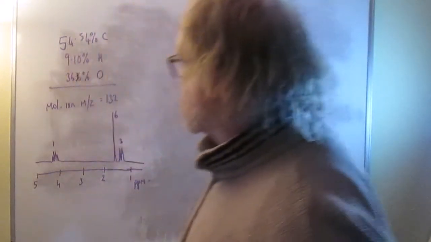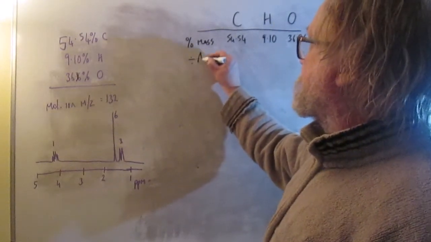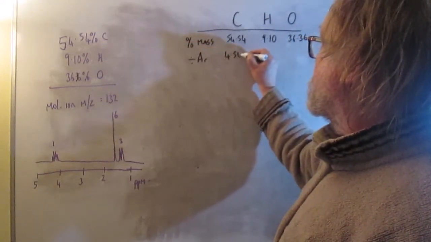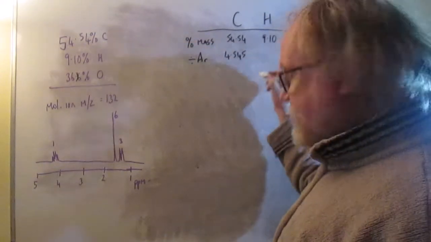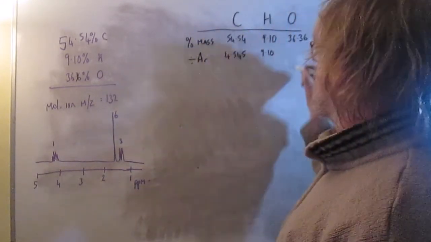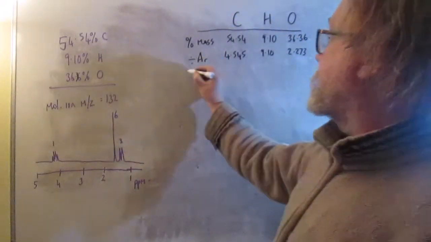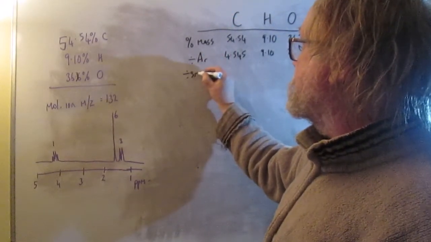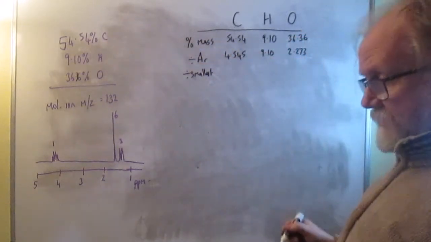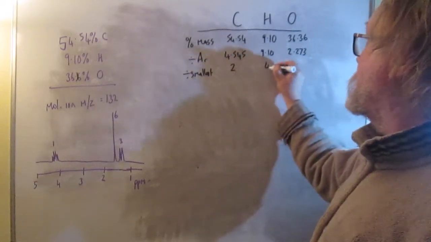It should be 36. And we just do what we normally do, which is divide first of all by AR, which gives us 4.545 for carbon, and of course 9.10 when you divide that by 1, and that gives us 2.273. And then we divide those through by the smallest of them, which is this one. So that's going to give you 1 and 2 and 4.